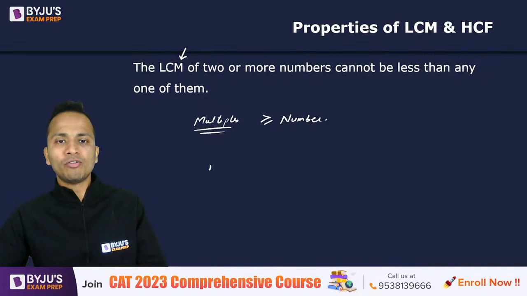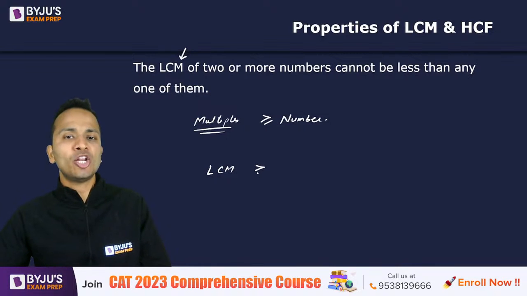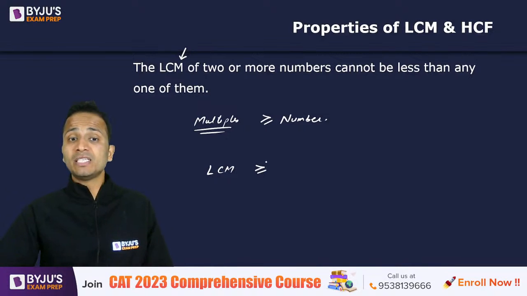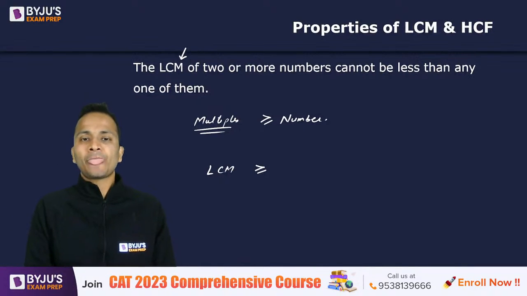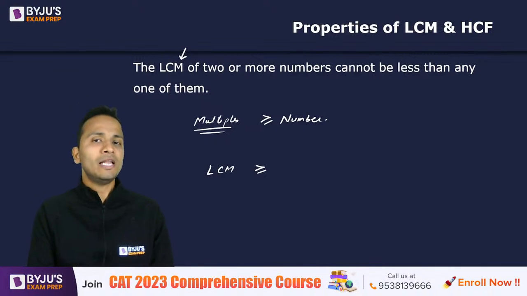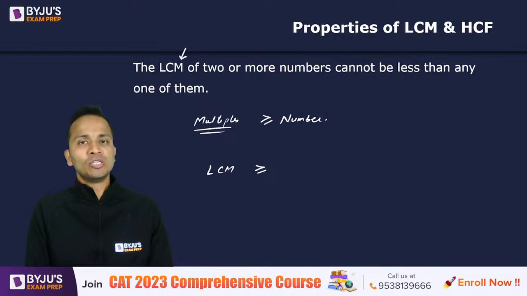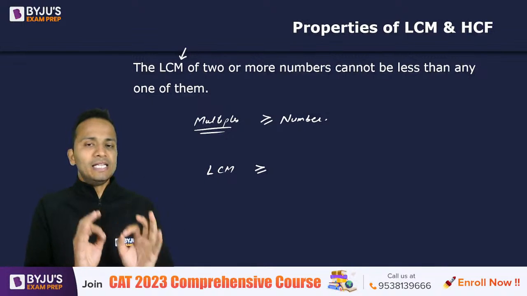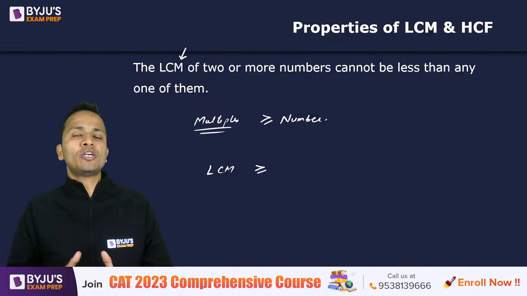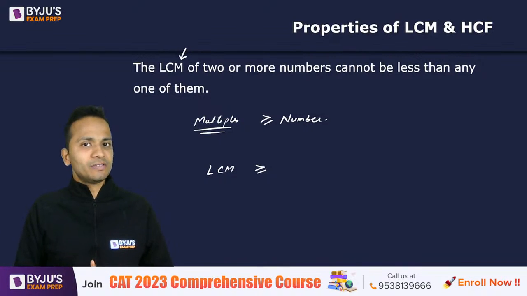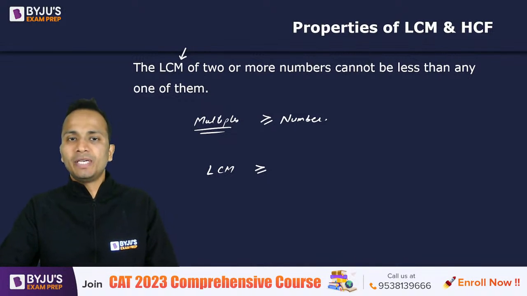So LCM of any set of numbers will always be greater than or equal to, I'll repeat, LCM of a set of numbers will always be greater than or equal to the larger or the largest of these numbers. So जो भी largest number होगा, LCM उसके equal हो सकता है या फिर उससे बड़ा होगा. It will not be less than that.